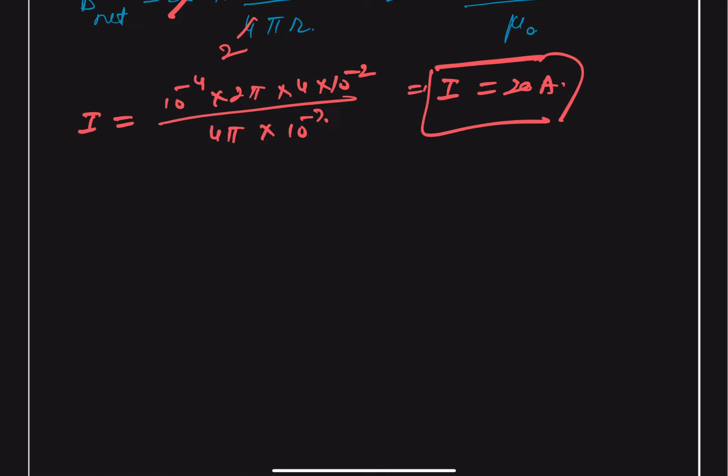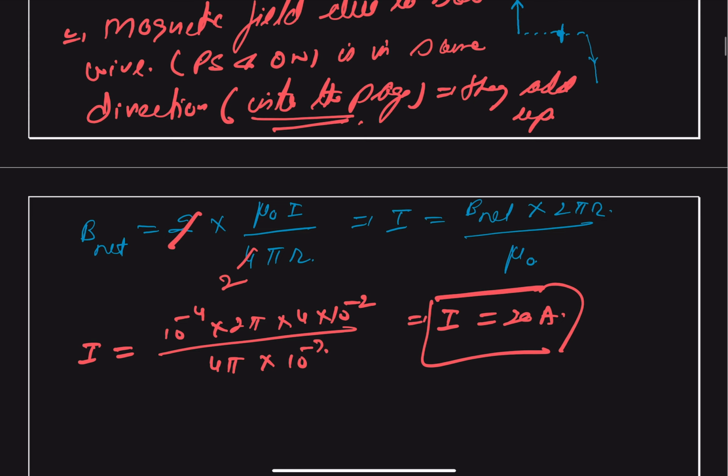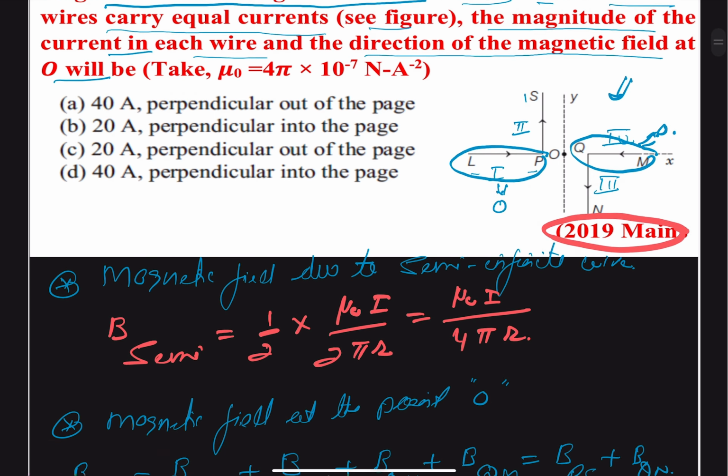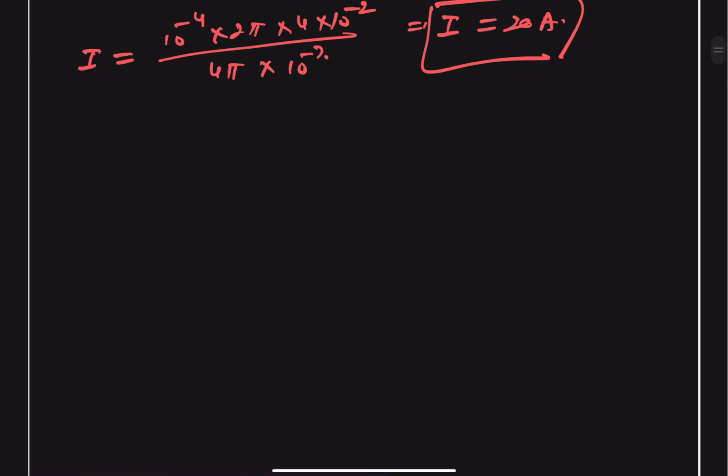And we need to find out the direction, and the direction of the magnetic field at O is into the page, like we said here. So current is 20 ampere and option number B is the correct option. Option B is correct.